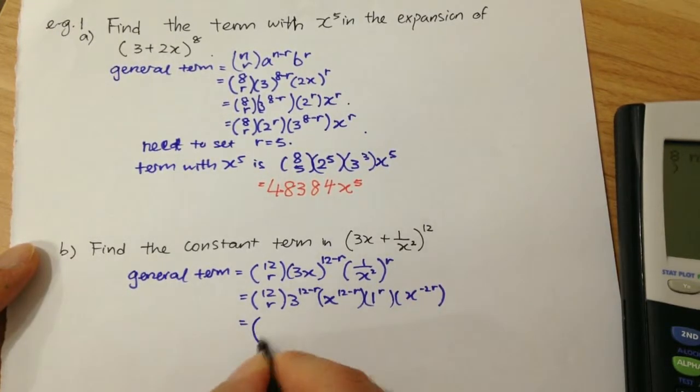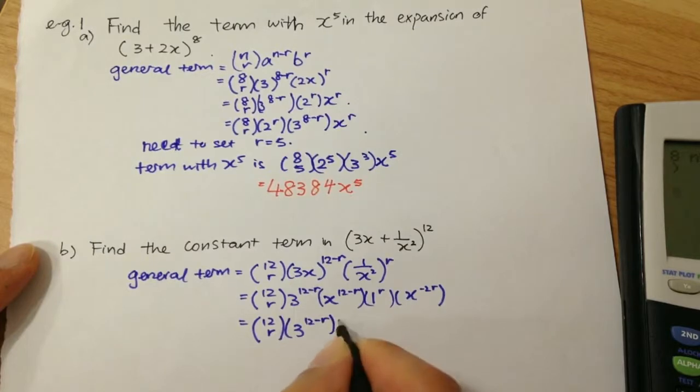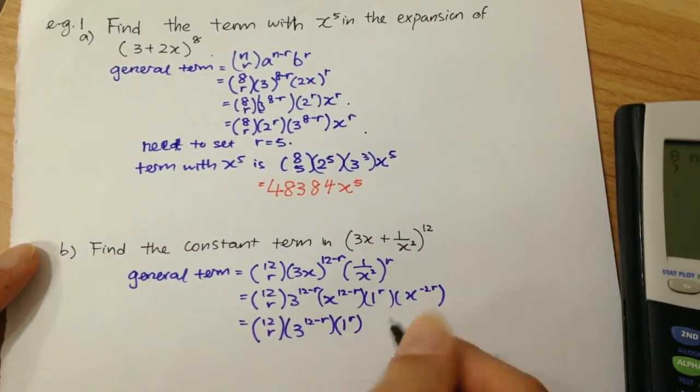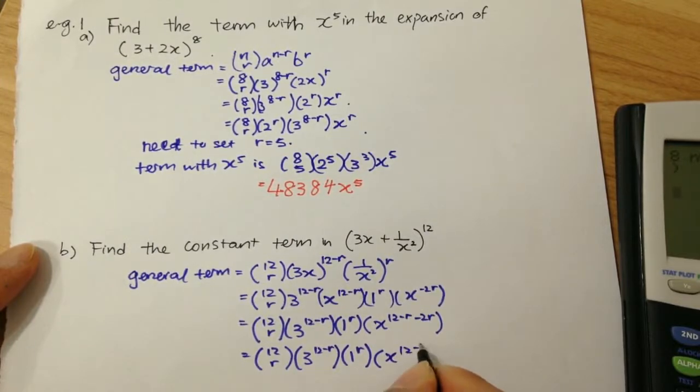And then now group the numbers together, and the x's together: 12 minus r plus minus 2r gives 12 minus 3r. So 12Cr, 3 to the power of 12 minus r, 1 to the power of r, and then x to the power of 12 minus 3r.